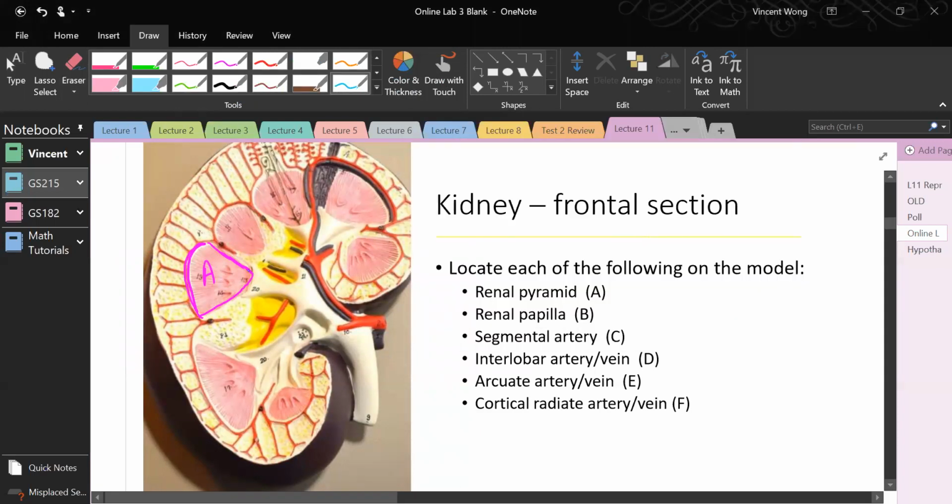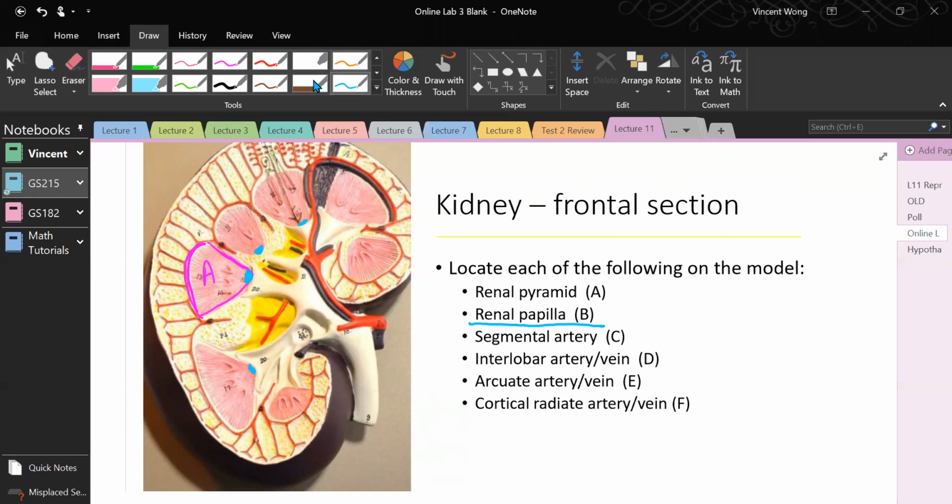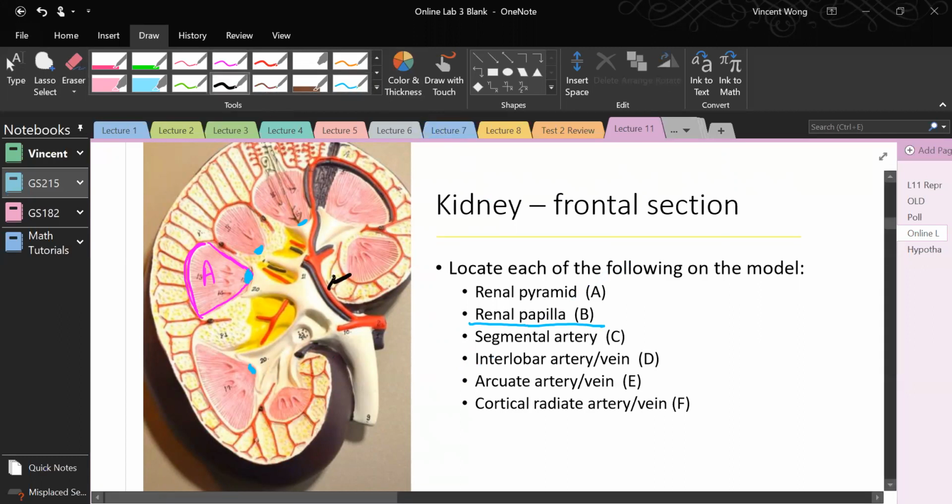So there is the renal papilla. Okay. There is another renal papilla, so on and so forth. Segmental artery. That's this one right here. So this is the renal artery coming in. As soon as you enter, it becomes the segmental artery.